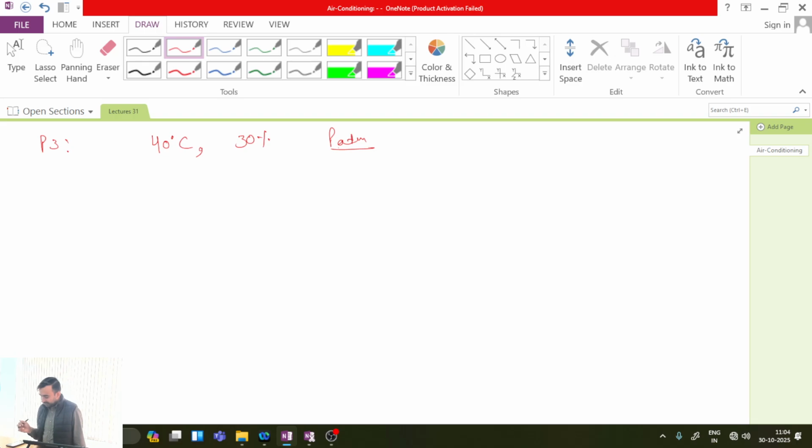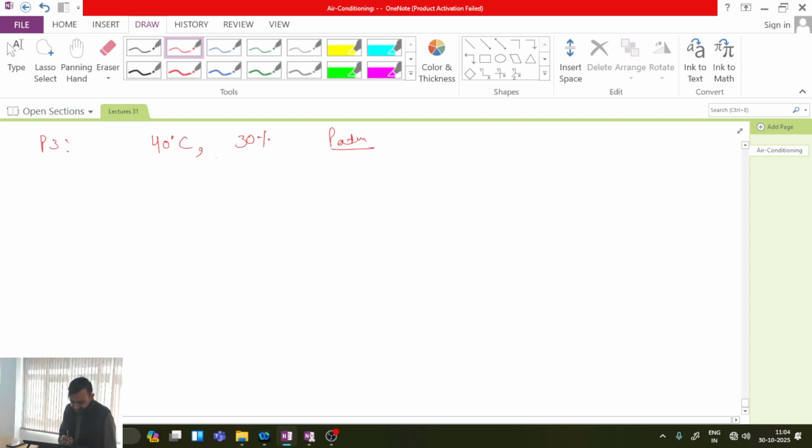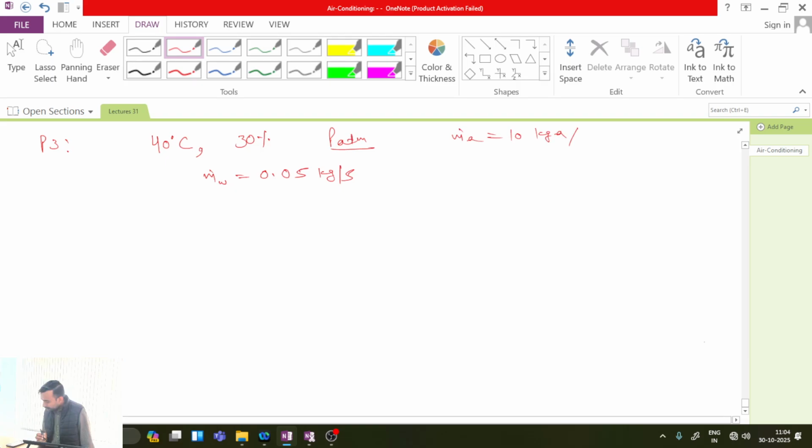Other than that, we have added water over here. And what is the rate at which we are adding water? 0.05 kg per second, whereas mass flow rate of dry air is 10 kg per second. Okay, so that is the given condition.